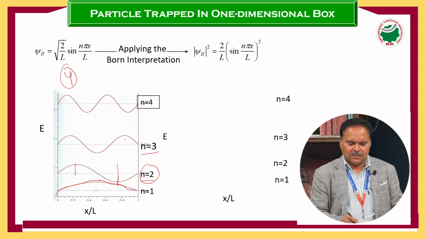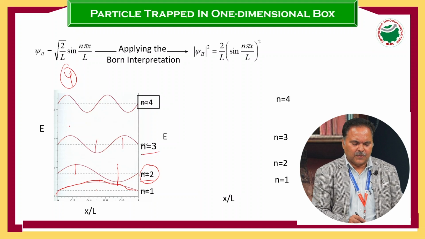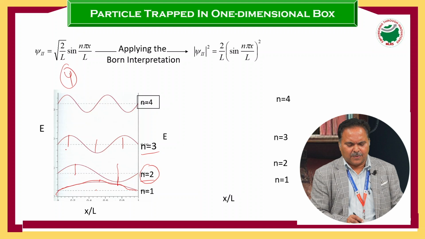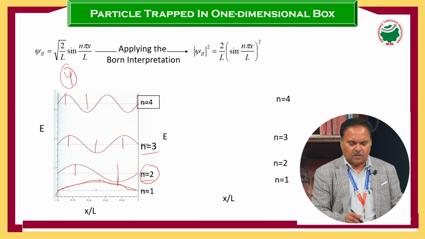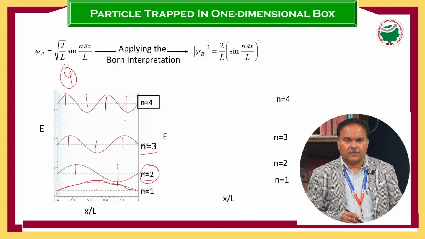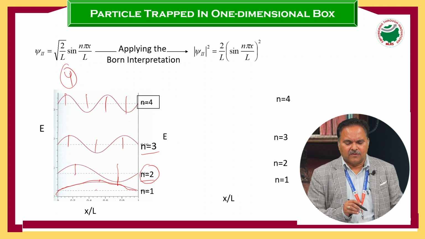Similarly, for n equal to 3, there are 3 points where we will find the particle, at one-third, half, and two-thirds of the box length. Similarly, for n equal to 4, you have 4 probability maxima. The wave may be negative or positive; that only concerns finding the particle.